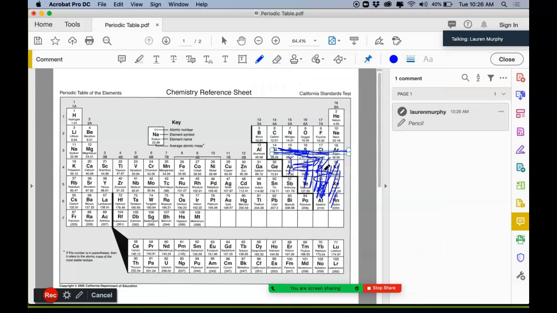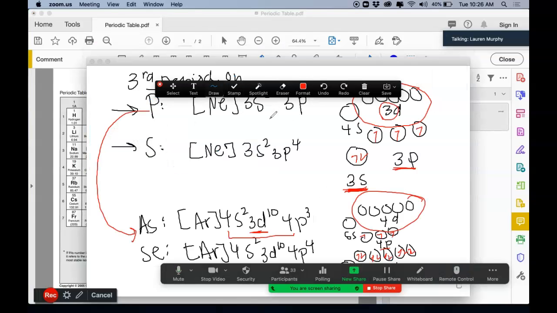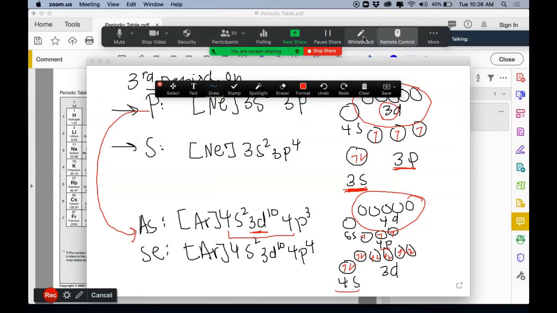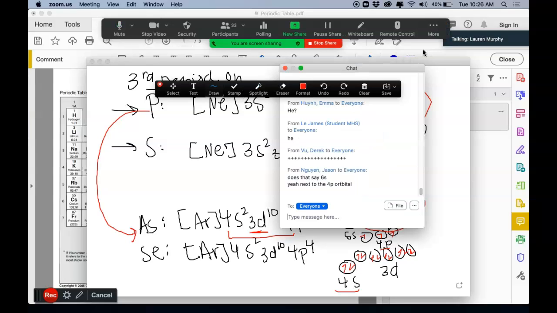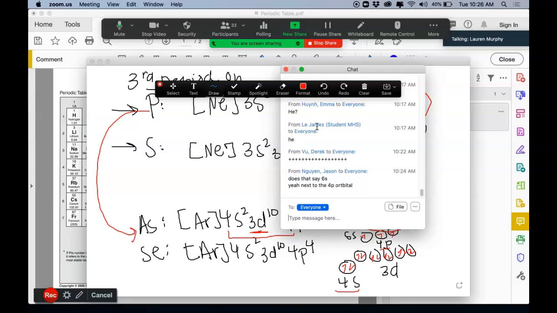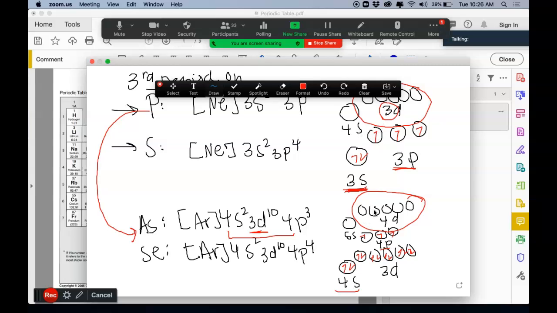Does what say 6s? Which one? Was it on my whiteboard? All right, any questions? Next to the 4p, where?